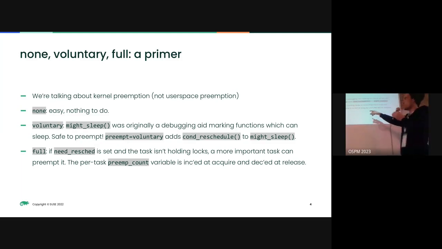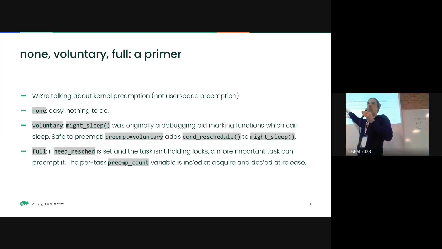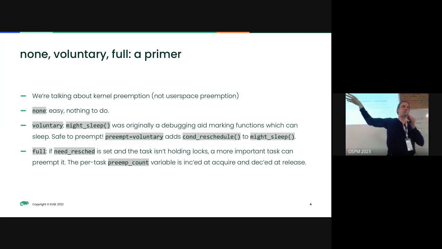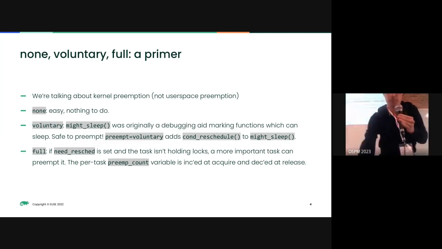I also want to mention this variable, which is kind of famous if you know about preemption, preempt_count. Every task has it, and it is incremented when you acquire a lock and decremented when you release the lock. So if preempt_count is 0, then you're not holding any locks, and it's safe to preempt.